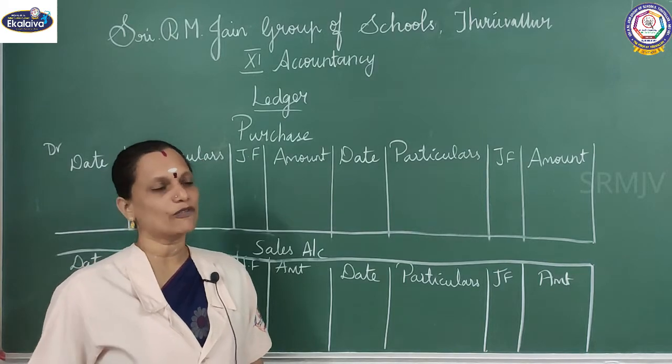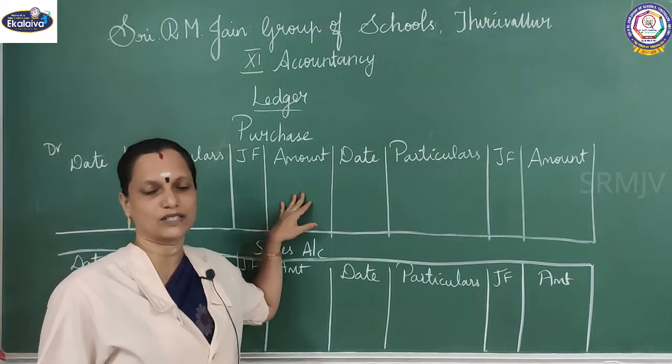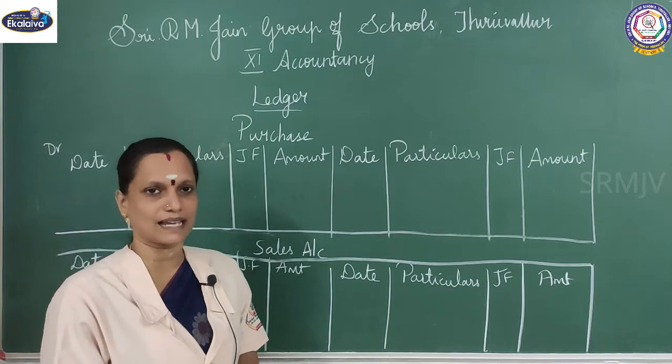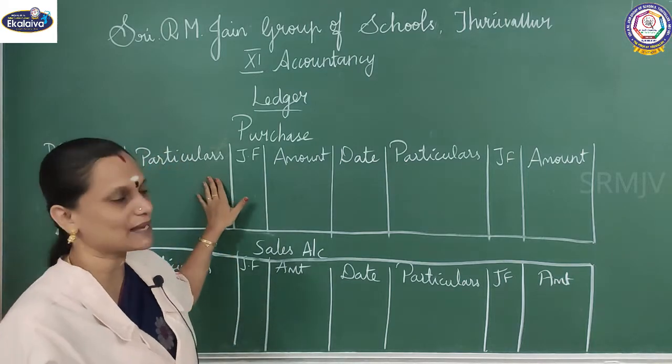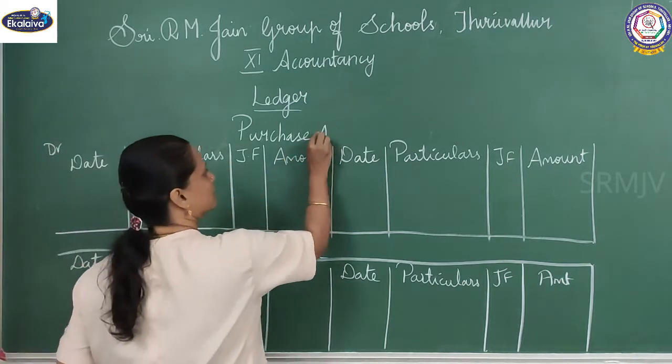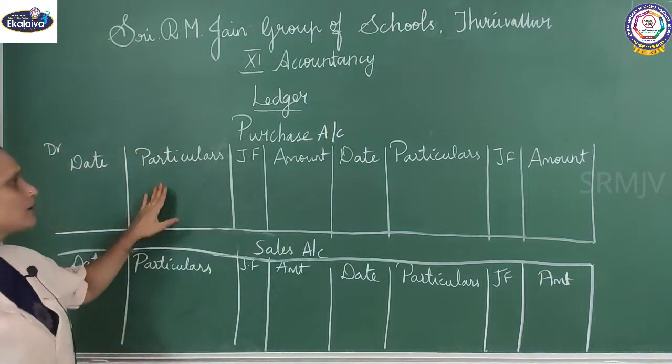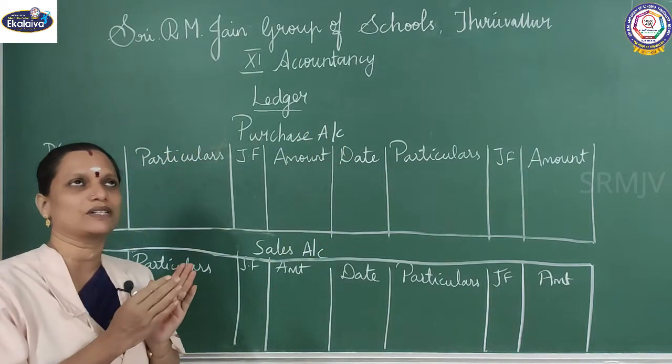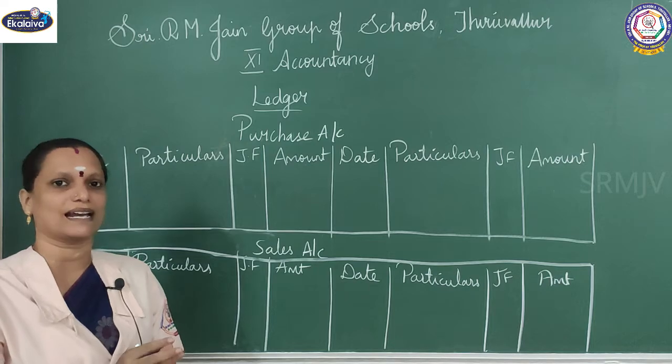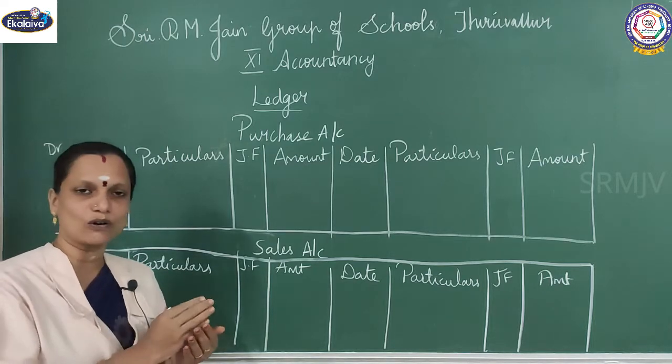Children, I will tell you how we take the ledger balance to the trial balance. For example, in the purchase account, purchase for cash 5,000 rupees. Purchase account to cash account.